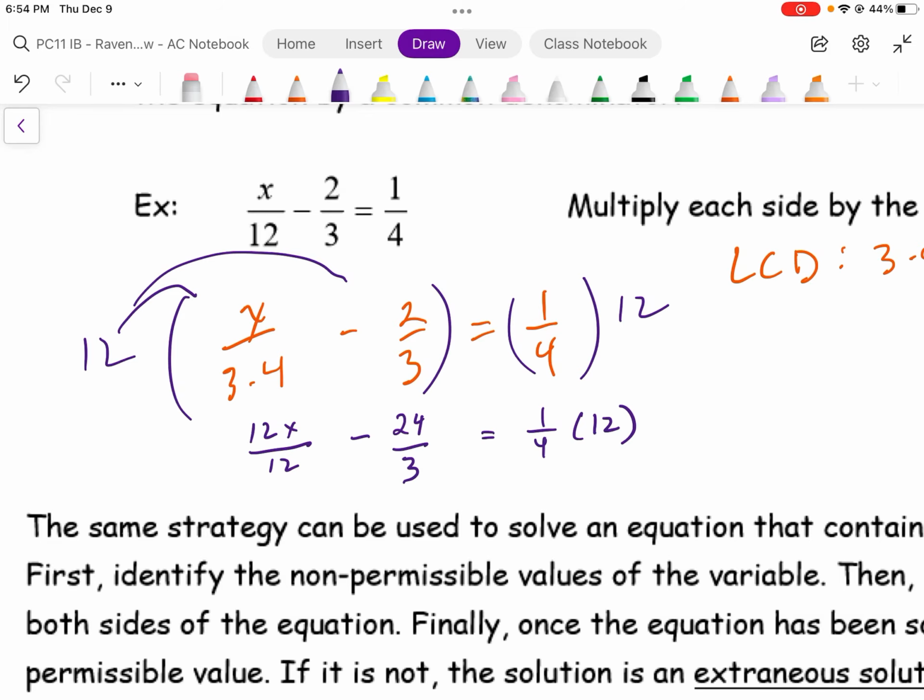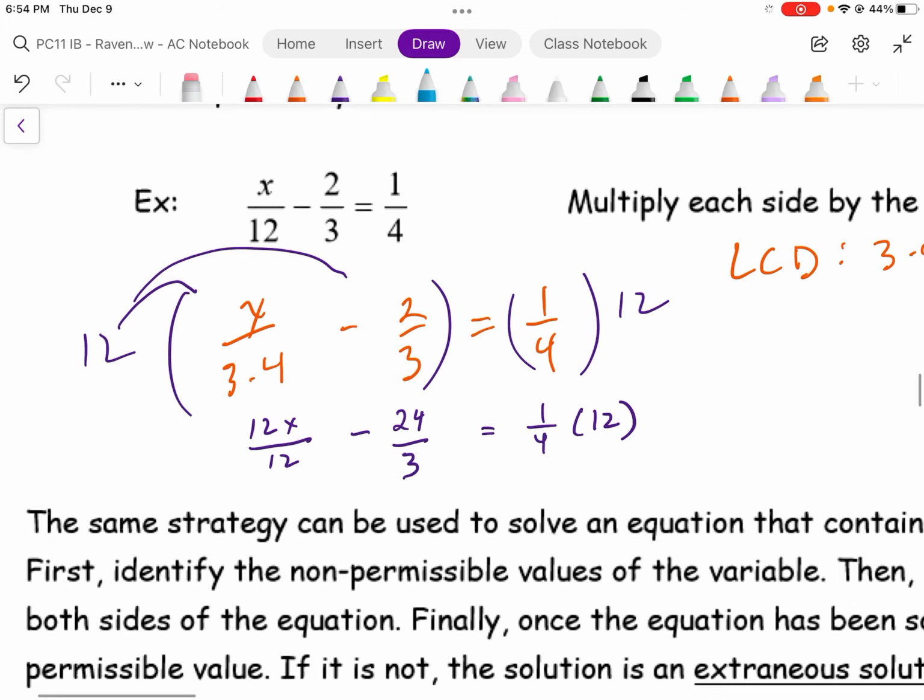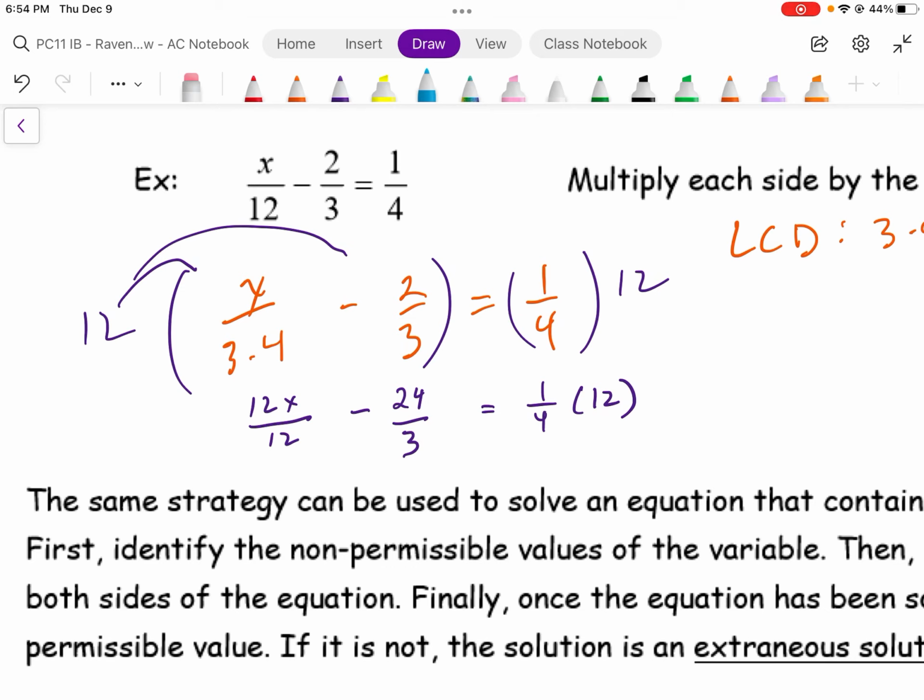What I get is x minus 24 over 3, which is 8, equal to 1/4 times 12, which is 3. So I get x is equal to 11.